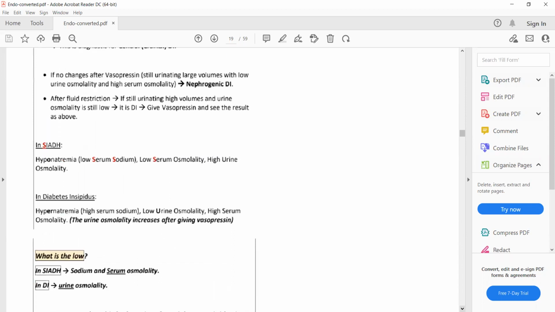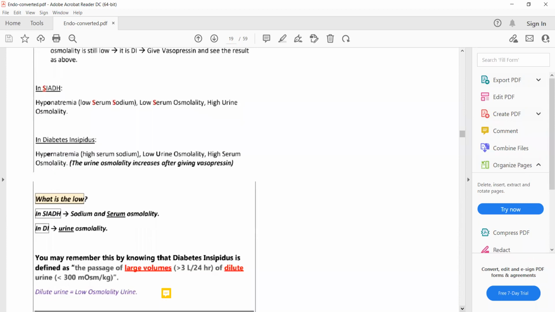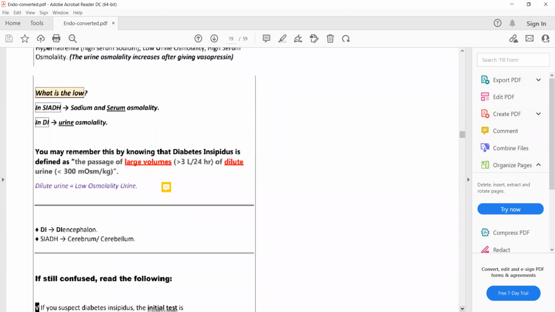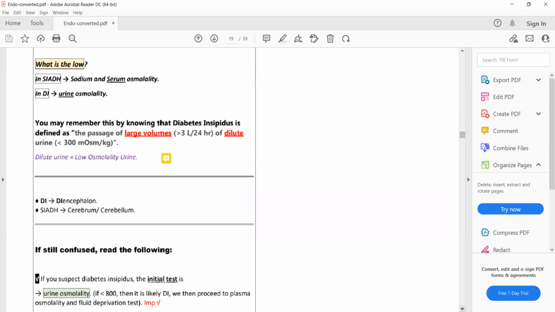Is it clear, everyone? Yes, sir. So vasopressin is an analog of ADH. Vasopressin is, you can say, the other name of ADH. Okay, they are one and the same thing.